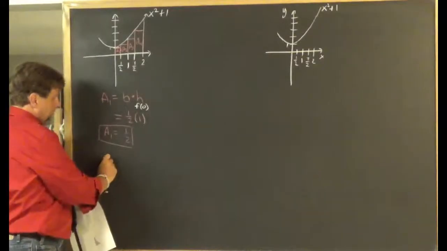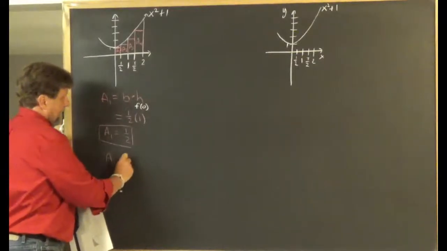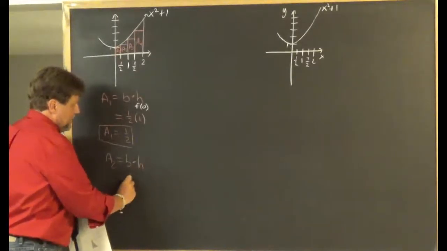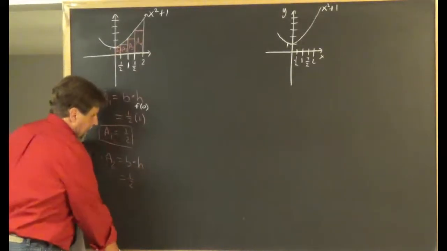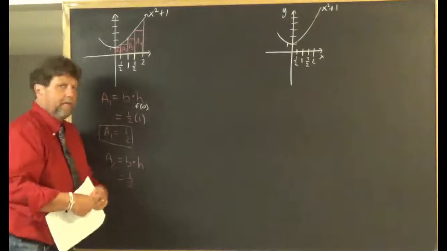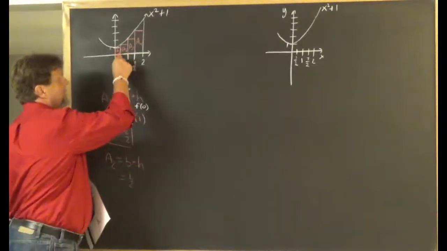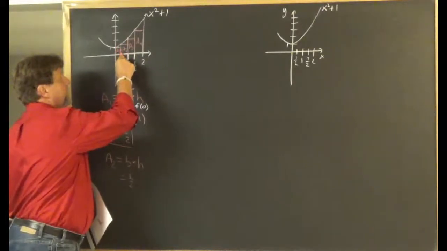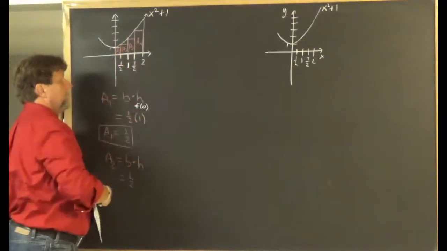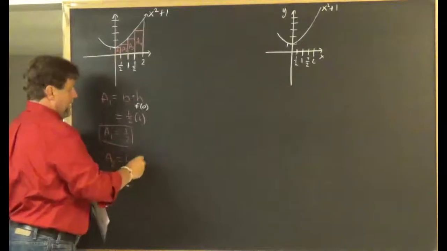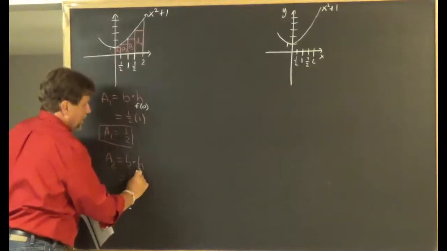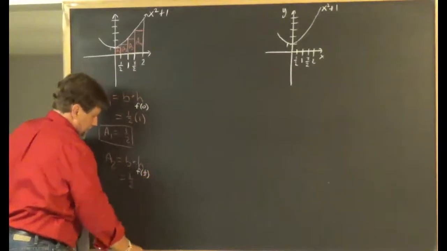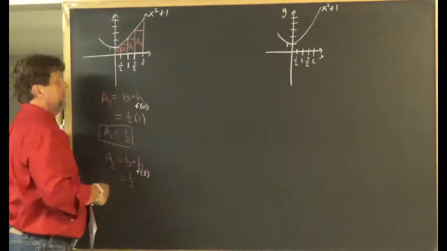Rectangle 2, its area is base times height. Its base is 1/2. Its height, well, remember I said to find the height of rectangle 2, I was using the left endpoint of the subinterval. Well, that gives me the height, so that means I need to evaluate the function at 1/2 to tell me the height of rectangle 2.